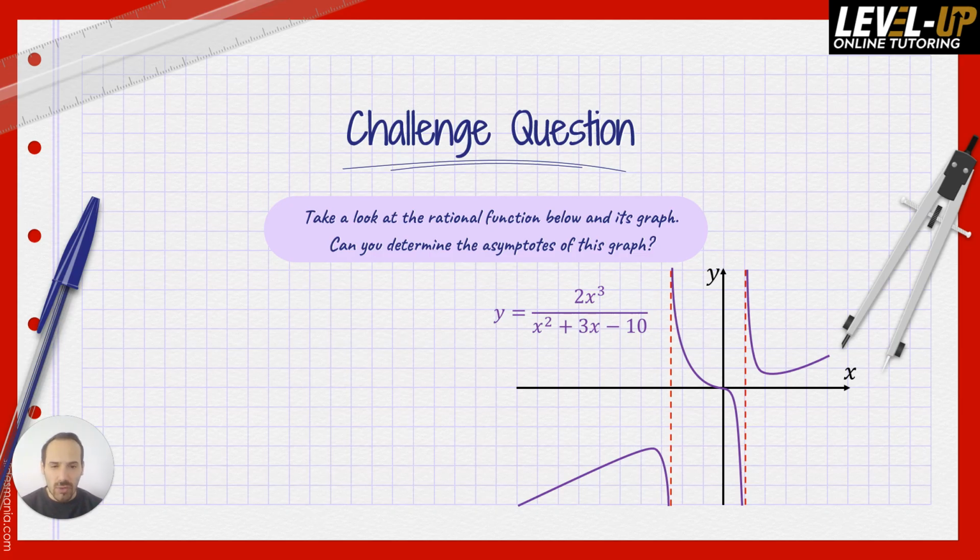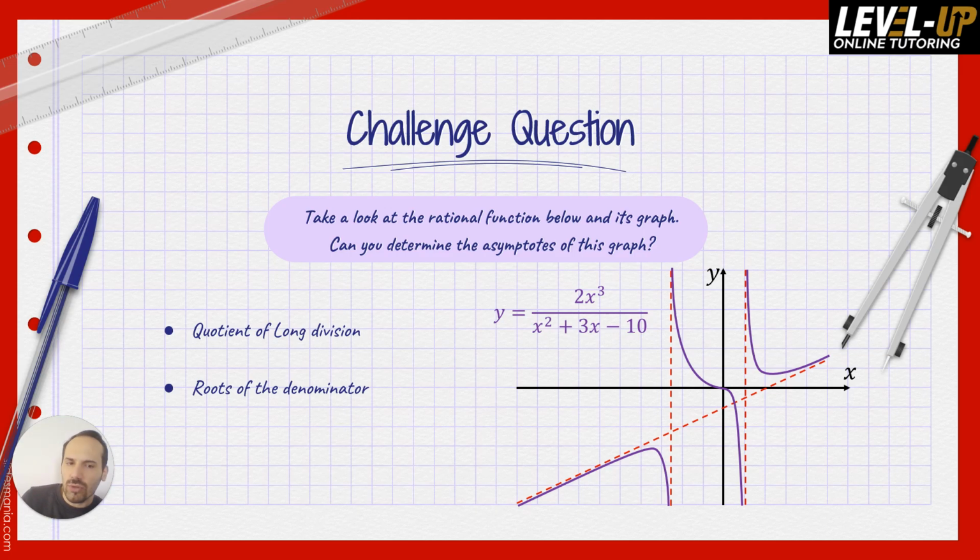But what you might also notice, this one here doesn't have a horizontal asymptote. It actually has a slanted one like this. And you can work this one out using the same techniques that we've done today, where we have to do a long division. So we've seen the roots of the denominator tell us the vertical asymptotes.